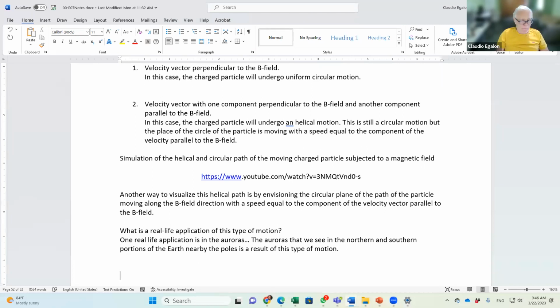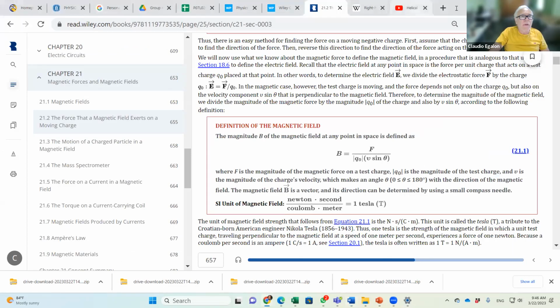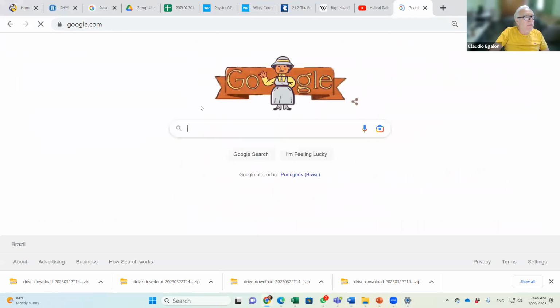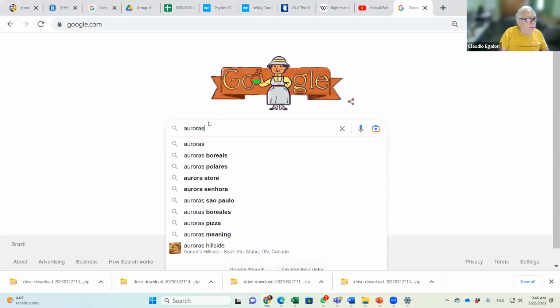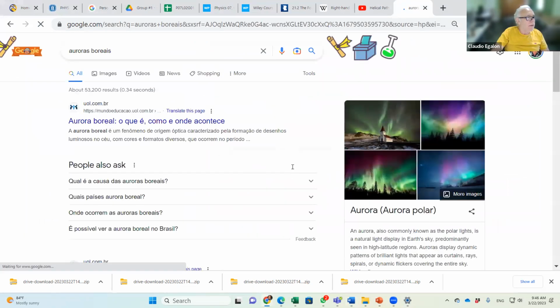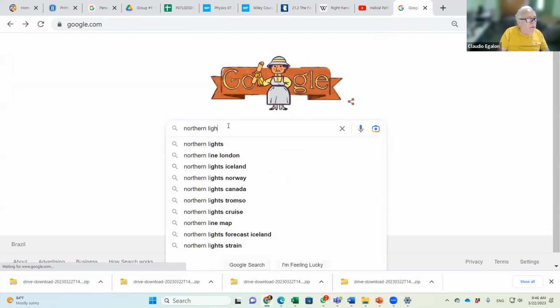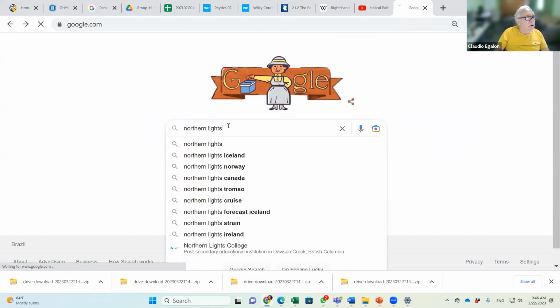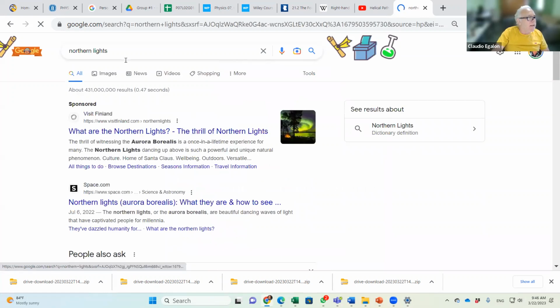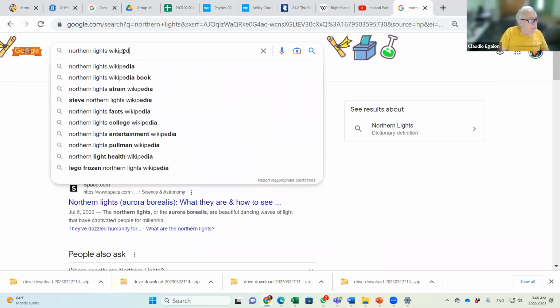Okay? So how does it go? Let's take a look here, auroras. Aurora, northern lights, right? That's another name for it. And let's take a look at Wikipedia too.